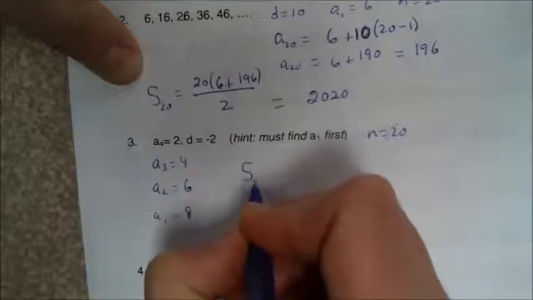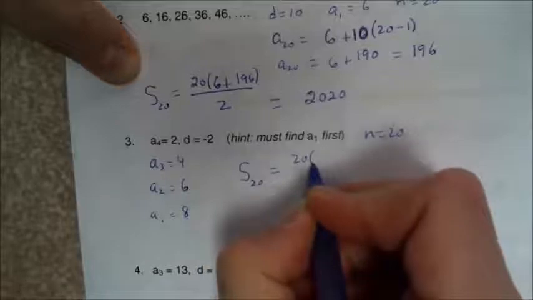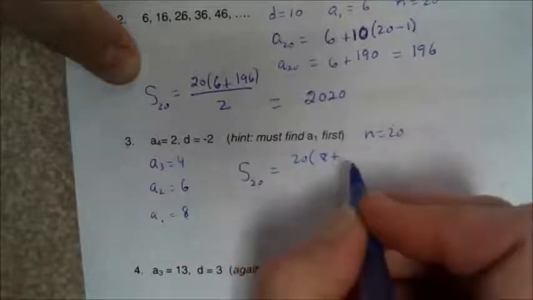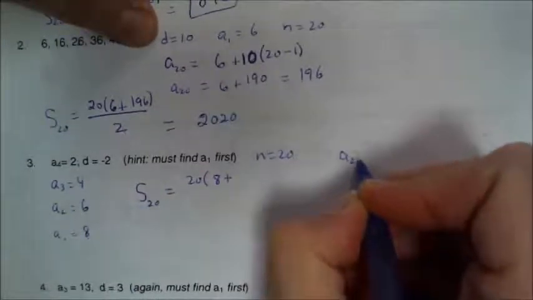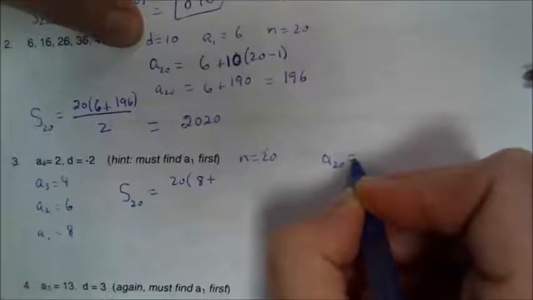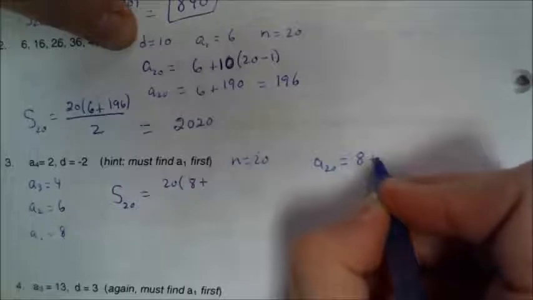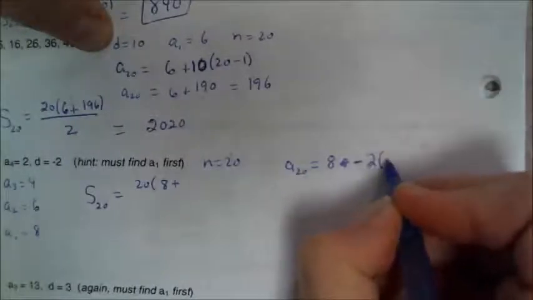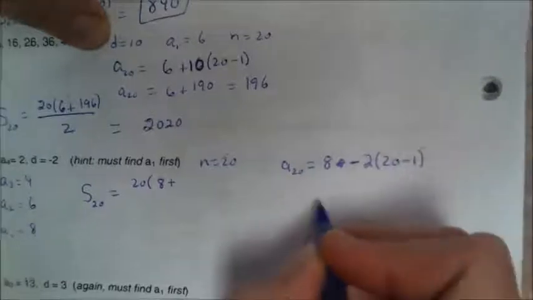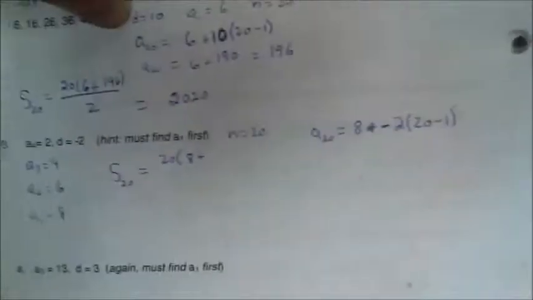So the sum of the first 20 terms is equal to n, which is 20, times the first term, which is 8, plus the 20th term. Oh, we don't know the 20th term yet. Let's figure it out. The 20th term is equal to the first term, which is 8, plus d, whoops, that should be a minus because d is negative, minus 2 times 20 minus 1. So 8 minus 2 times 19 is -30.